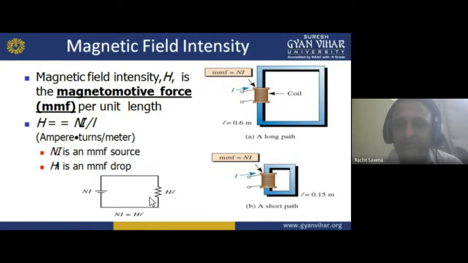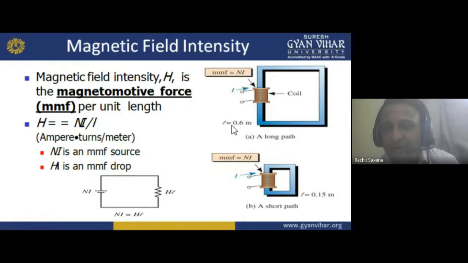But see, if in this figure I am giving you a value that turns are 10 and current is 2 ampere. So Ni will be 2 into 10, that is 20, and H will be 20 by 0.6 ampere turn per meter.